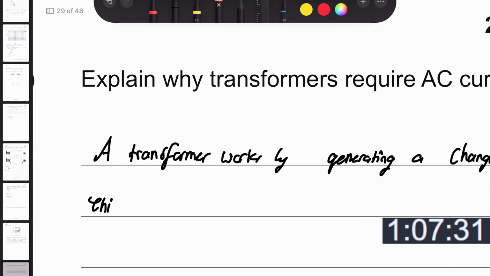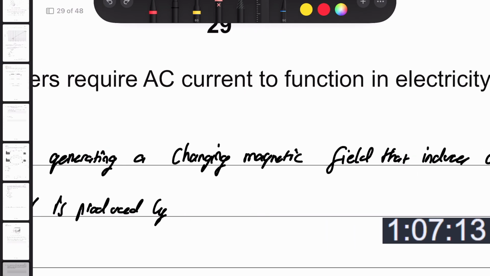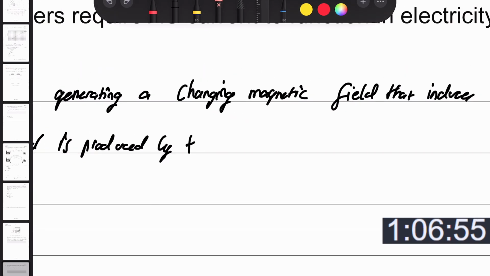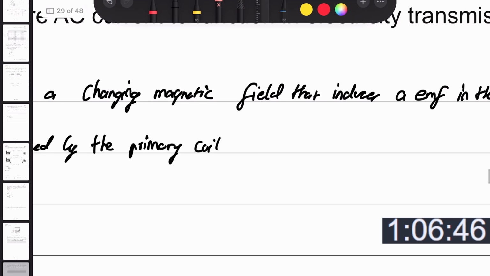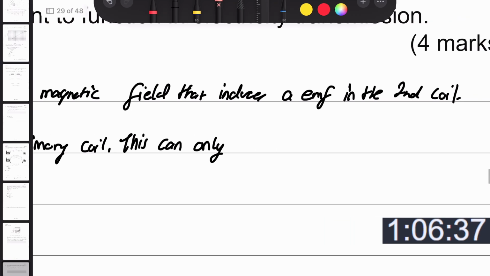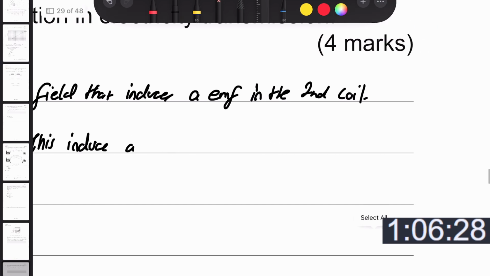This changing magnetic field is produced by the alternating current in the primary coil, which can only induce an EMF in the second coil.